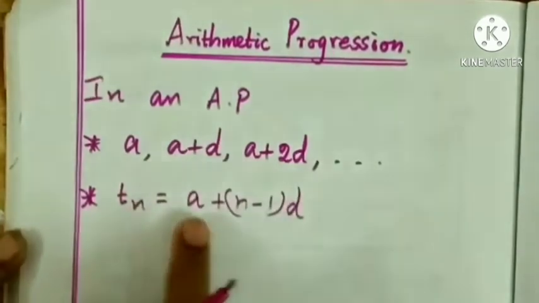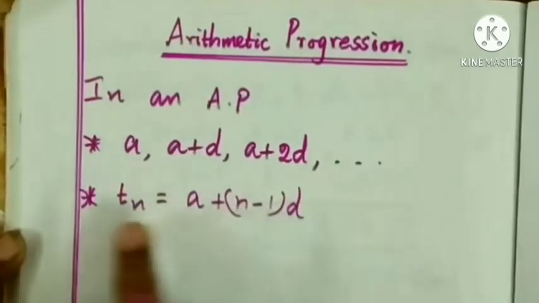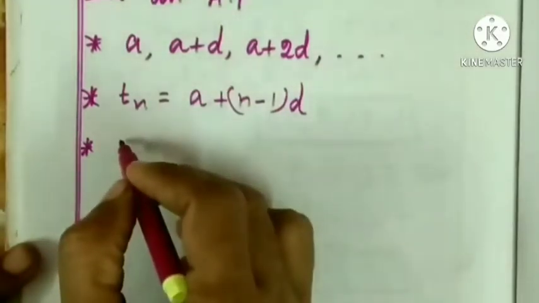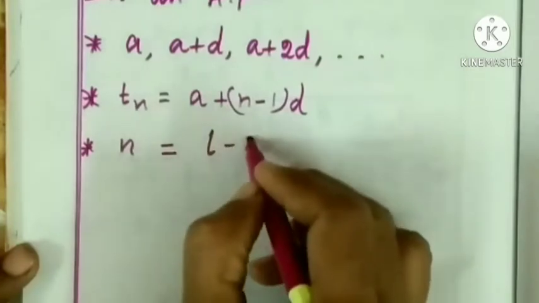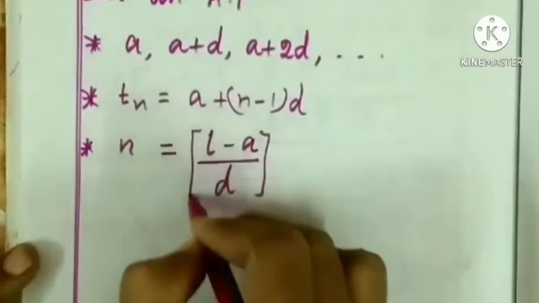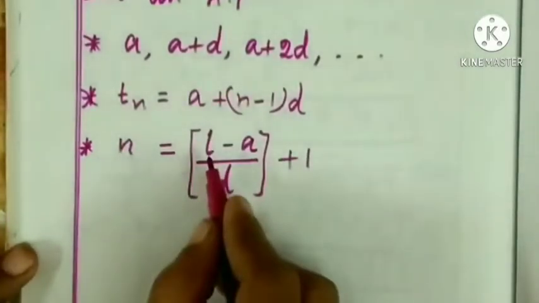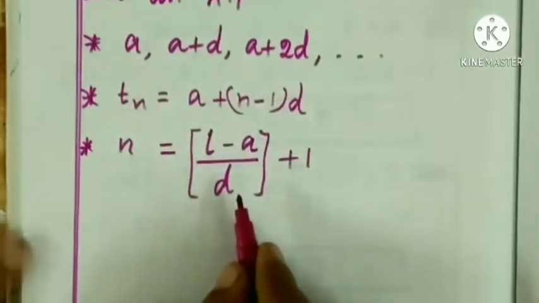Here a is first term, d is common difference and n is the nth term. The next point, number of terms of an AP is equal to (l minus a) divided by d plus 1. Here l is the last term, a is the first term, d is the common difference.